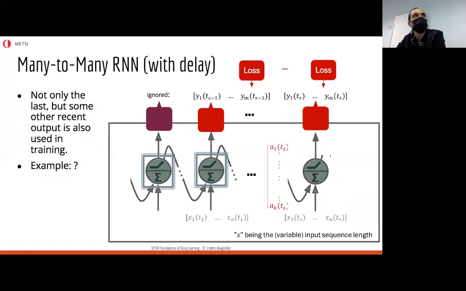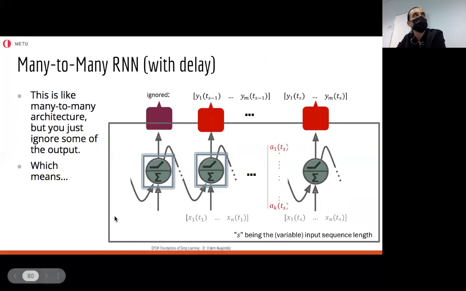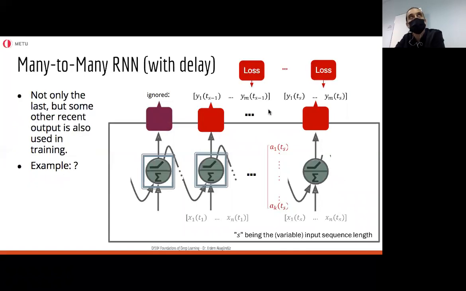And actually, that delay is a part of the nature of the problem. So you just ignore some of the outputs, but not all of the outputs. And in this computational graph, the gradient flow is from multiple sources, which is something quite trivial for backpropagation, because in PyTorch, while you're creating the network, it's creating a graph.